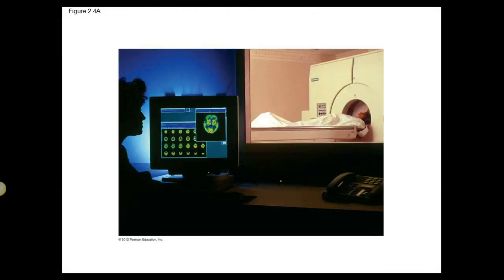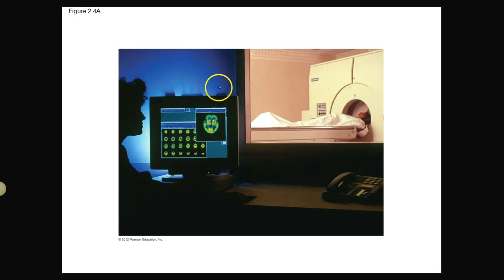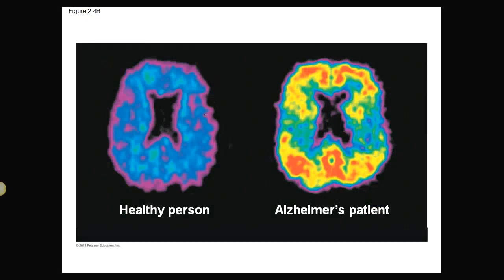So here's an example, and you can do these wonderful things with, that's a PET scan, and you can actually see these really cool images of the brain. That's how we get those really rad images of the brain and what we're looking at. So you can find a tumor, or sometimes they can trace things and see where the brain's active or not. It's neato stuff. Here's another example.